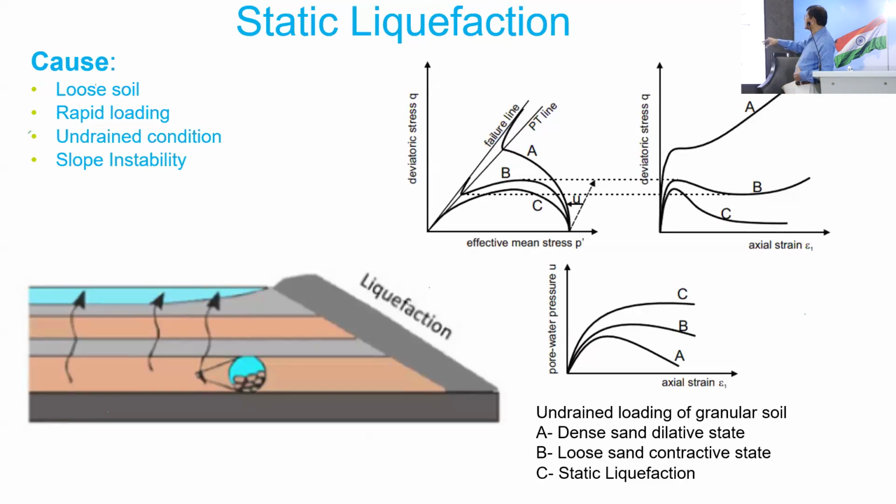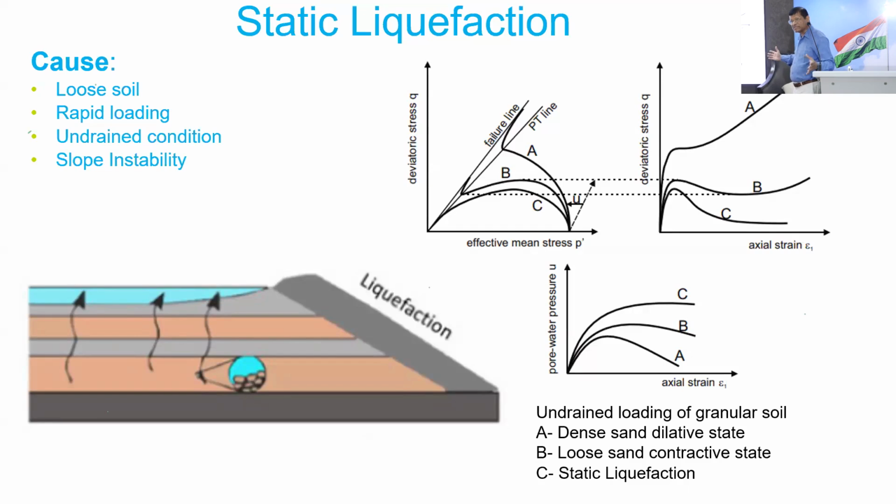Again, some of the concept, you see that critical state. So you see, normally we say we have three types of behavior: a dense sand, which is dilative, or a loose contractive sand, and the third one is the static liquefaction.